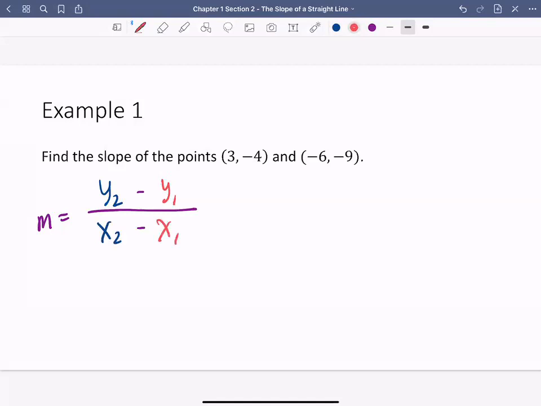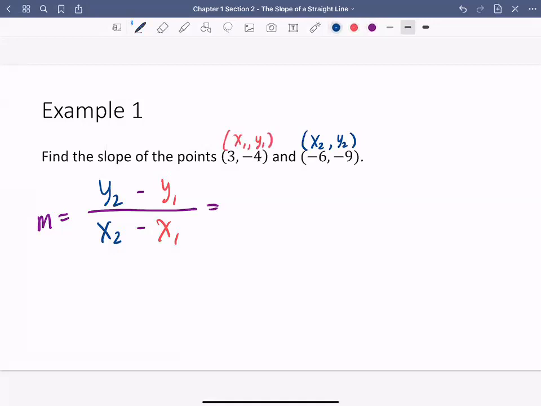And again, it does not matter which one we choose to be the first point and the second point, as long as we put them consistently in the formula, then we'll be good. It'll all work itself out. So let's just say that this one is our x2 comma y2. These are our values there. This one's going to be our x1 comma y1.